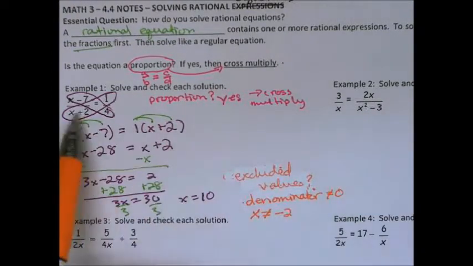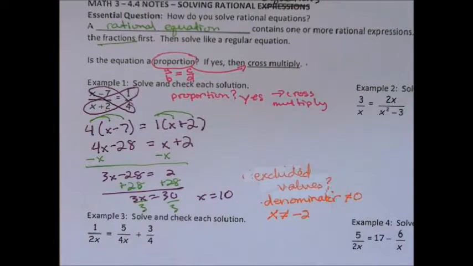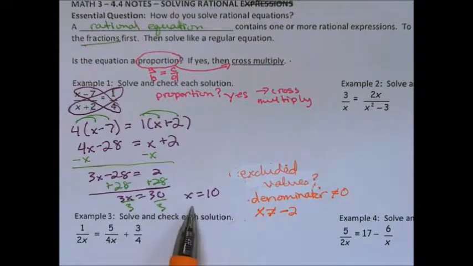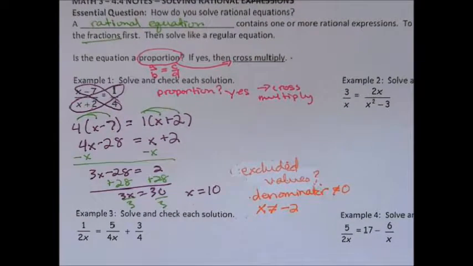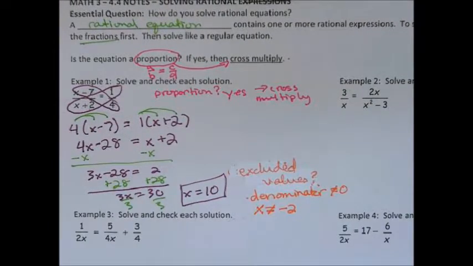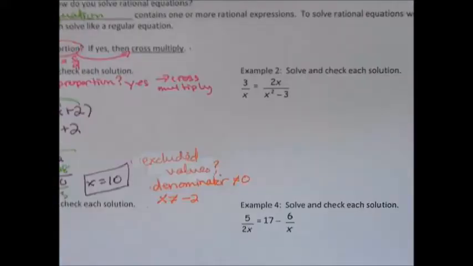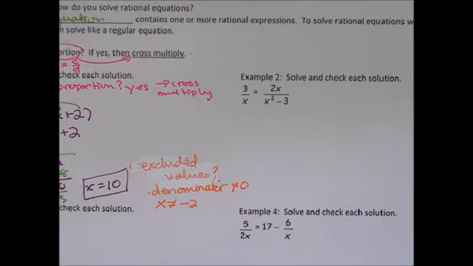If I had negative 2, I'd have negative 2 plus 2, which would give me 0 in this denominator. This is saying x equals 10, so that's okay. We can have that as an answer. Go ahead and try number 2. Go pause the video so that the students can try number 2.